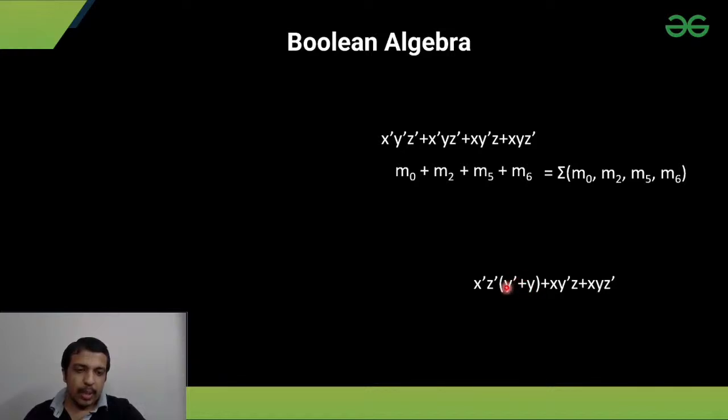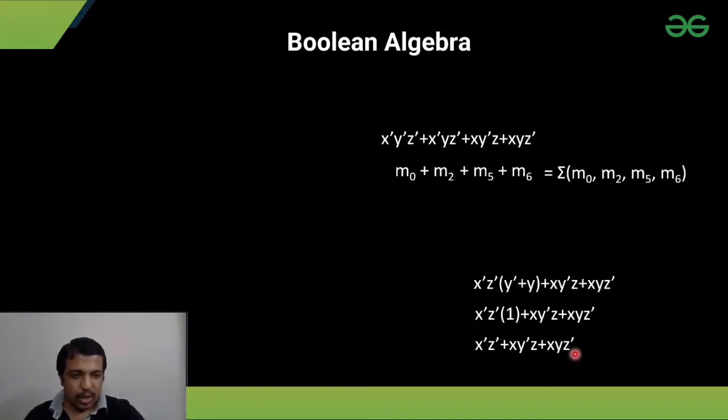So we can replace this by 1 and we get this expression. In this expression, we can remove 1, we need not write 1 here, and we get x bar z bar plus xy bar z plus xy z bar. So, is this expression a sum of product form, right? This is also a sum of product form.